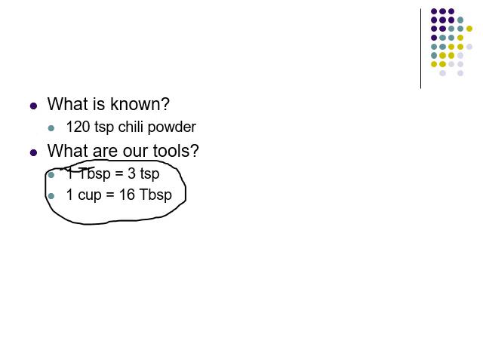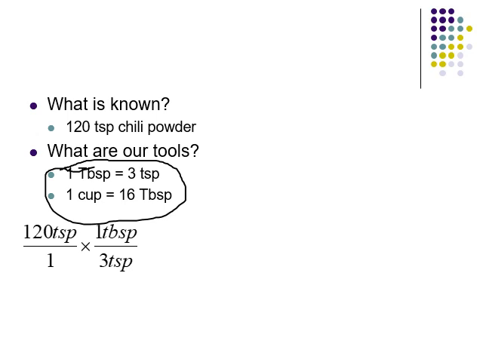Which one will I use first? Well, I'm going to use the top one because it has teaspoons. I want to get rid of teaspoons. Now we have to ask ourselves, will the teaspoons go on the top or the bottom of the ratio? Again, we're cross-canceling. Since I want to cancel out the 120 teaspoons, that means the 3 teaspoon part must be on the bottom. So, start with the 120 teaspoons. Notice I have that just over 1. The over 1 is completely up to you.